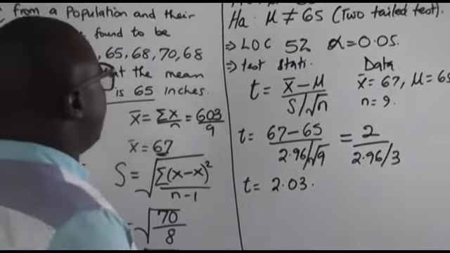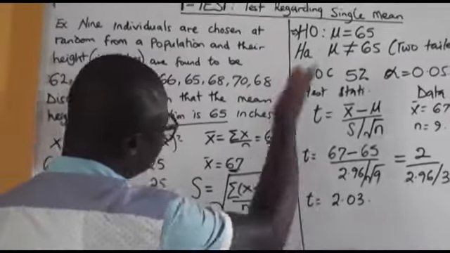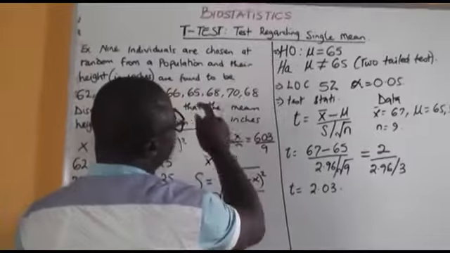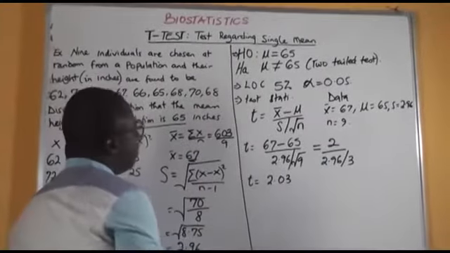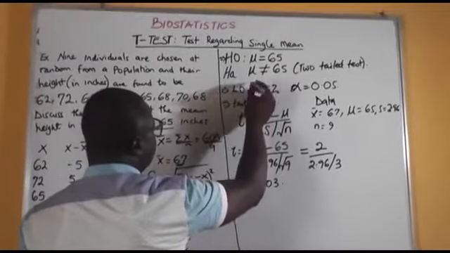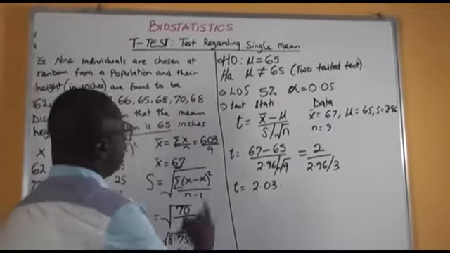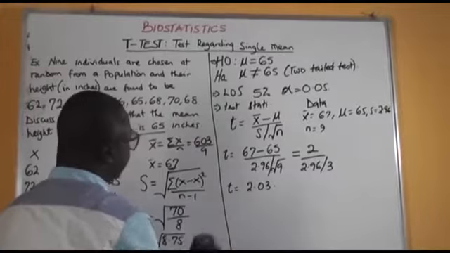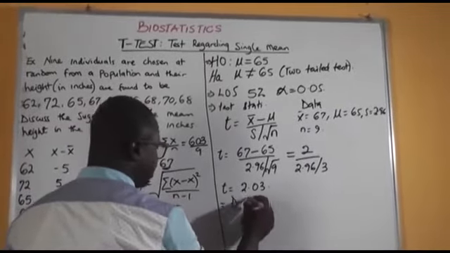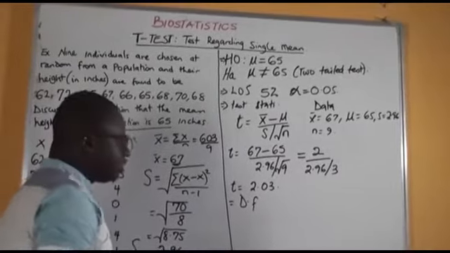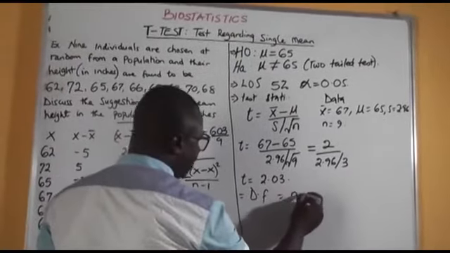Now, the next step, remember, we are looking at the steps of hypothesis testing. We state our null hypothesis, we state our level of significance. Then the test statistic, we have done that. Then we determine the degrees of freedom, which is N minus 1. For a t-test for single mean, remember, degrees of freedom is N minus 1.